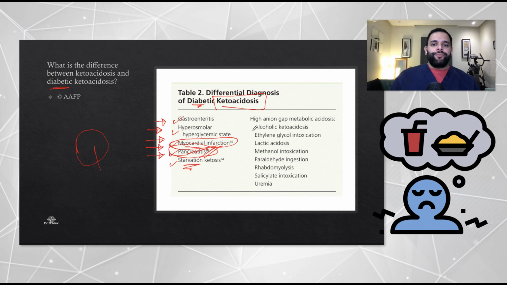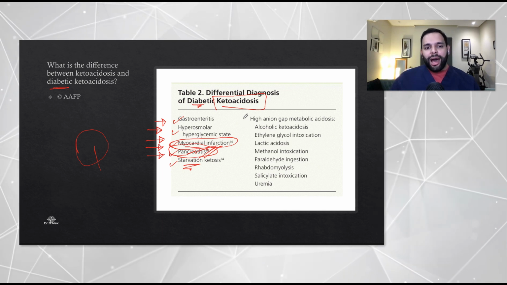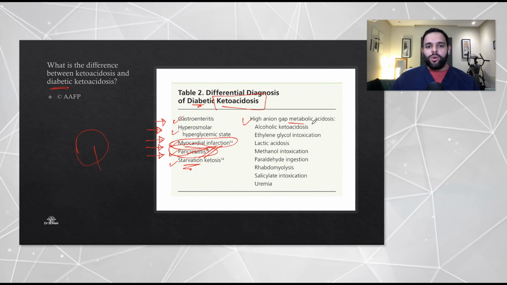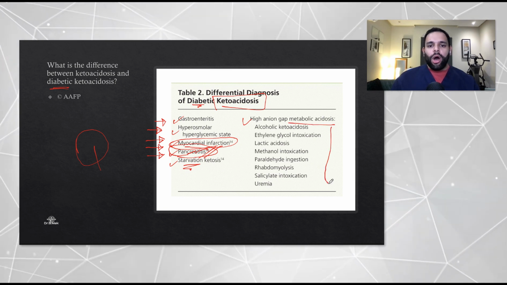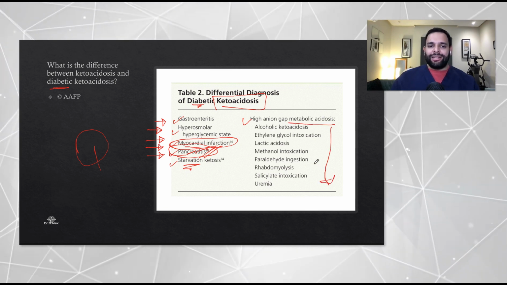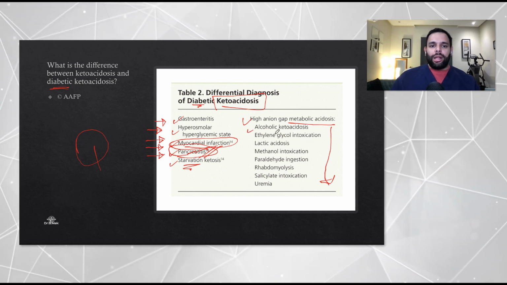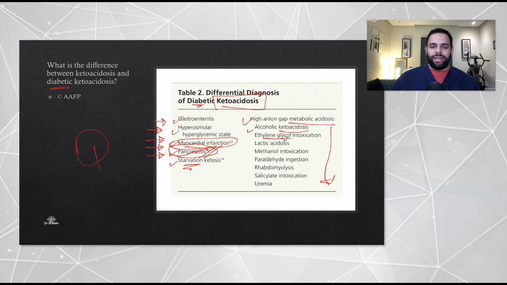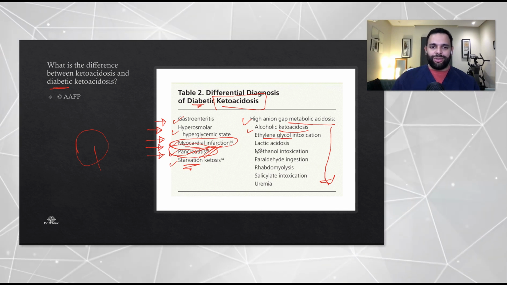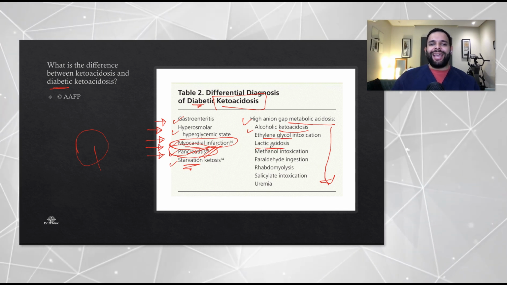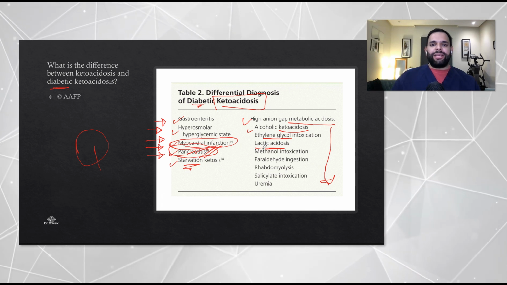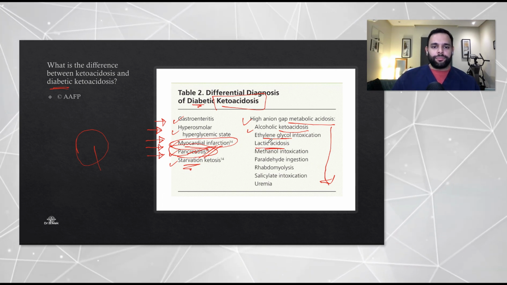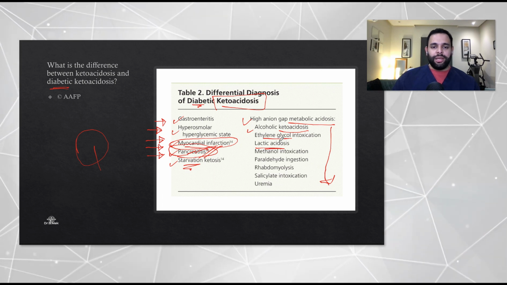And then you want to know that high anion gap metabolic acidosis, those conditions, all of them can lead to ketoacidosis. Alcoholic ketoacidosis, ethylene glycol intoxication, lactic acidosis will give the picture of ketoacidosis.